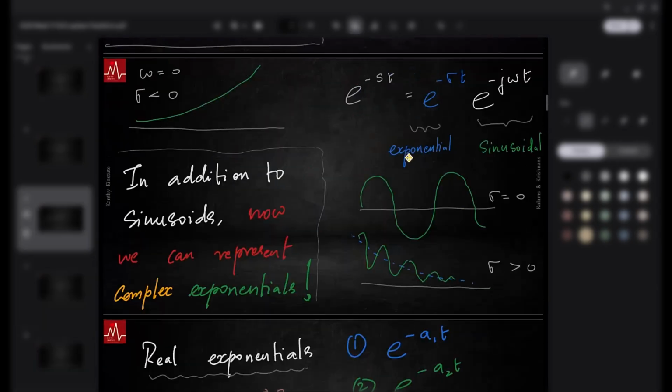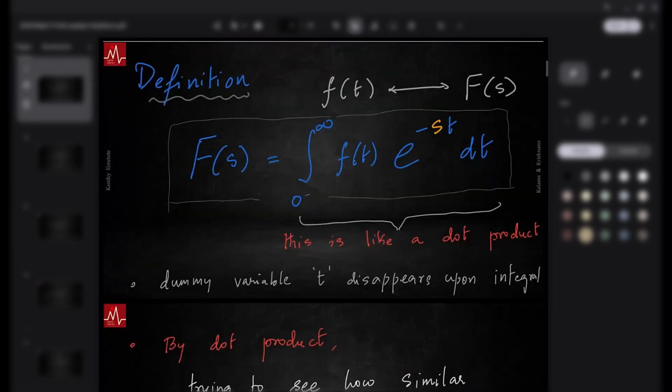That integral drastically simplifies when you substitute f of t is delta of t, it's a spike. Delta of t is not even that useful for our discussion, so I'm not going to spend a lot of time on that.